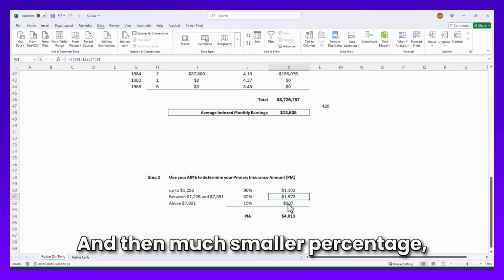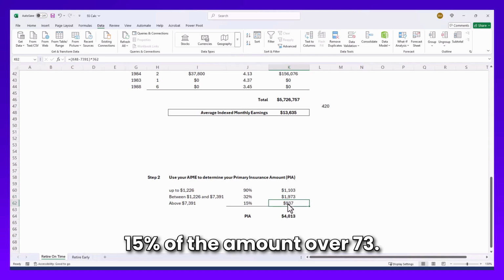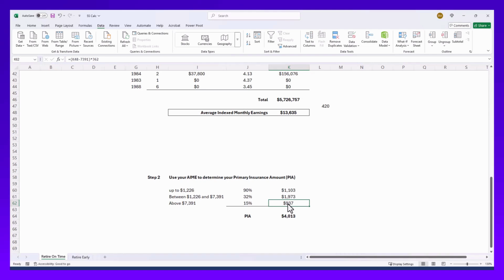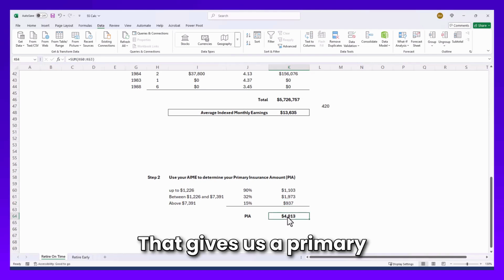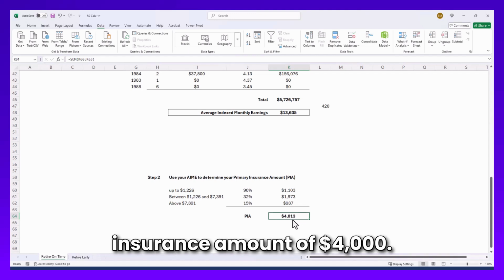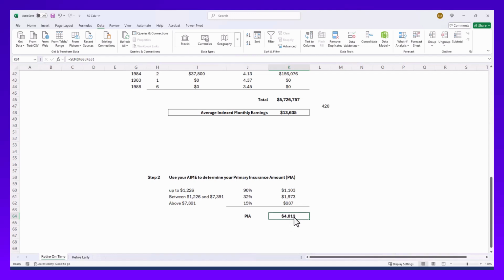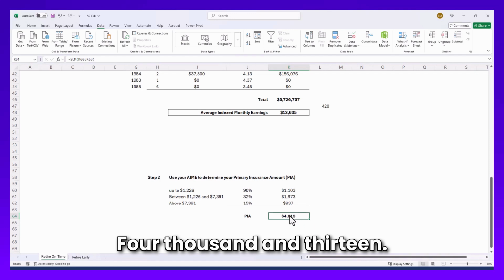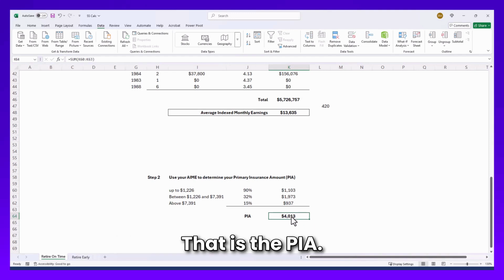And then a much smaller percentage, 15% of the amount over 7,391. That gives us a primary insurance amount of $4,013. That is the PIA.